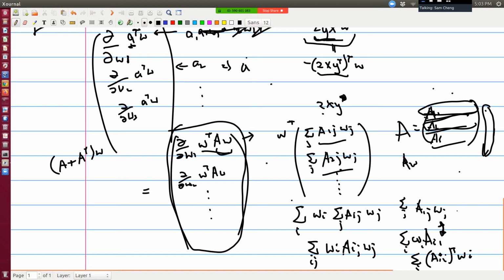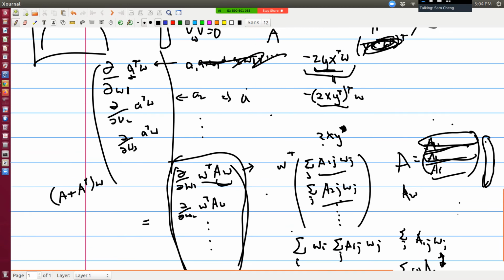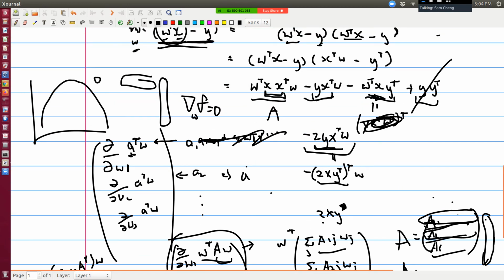This looks a little bit complex, but it's actually not. Once you see this several times, you know that if I have W transpose A W and I take the partial derivative with respect to W, it should be like this. If you do it several times, you know there is a formula like that. But it's good to know where it comes from.